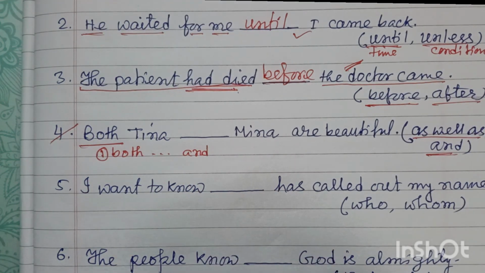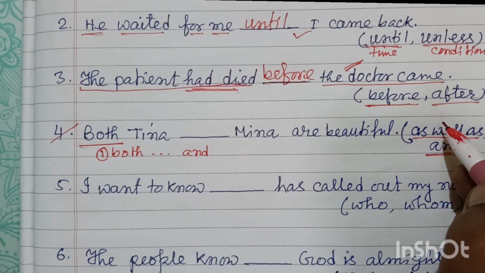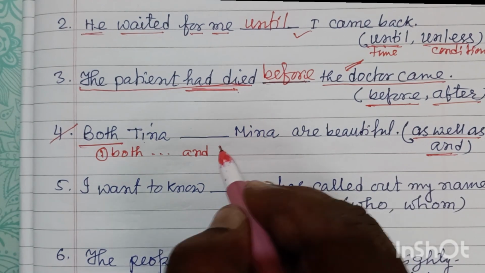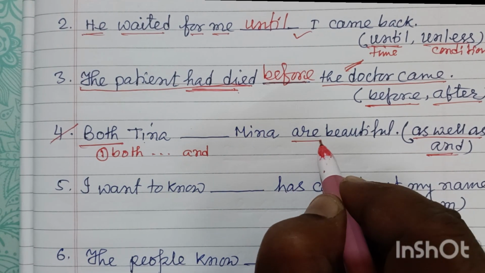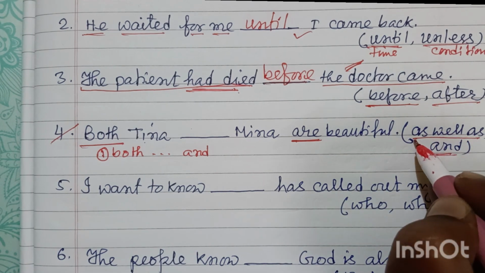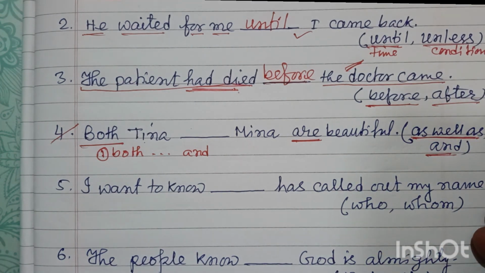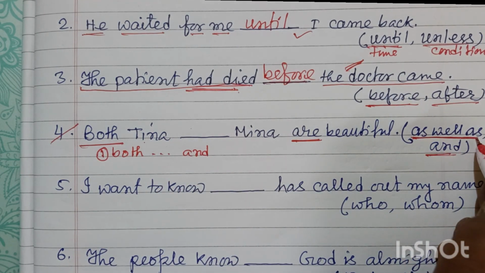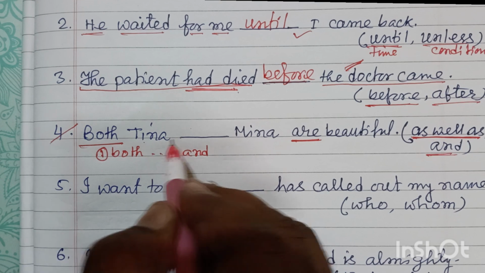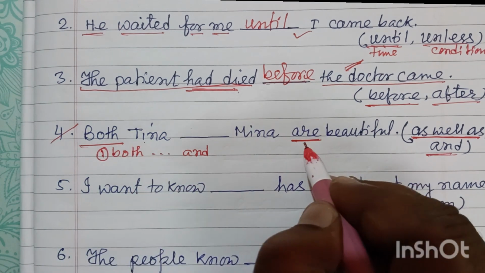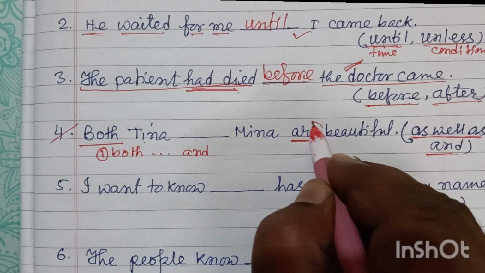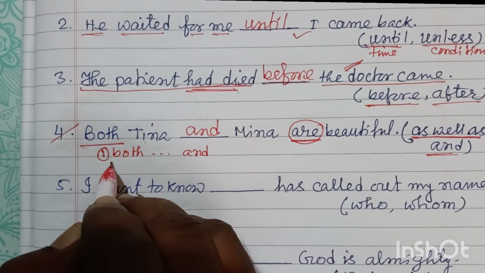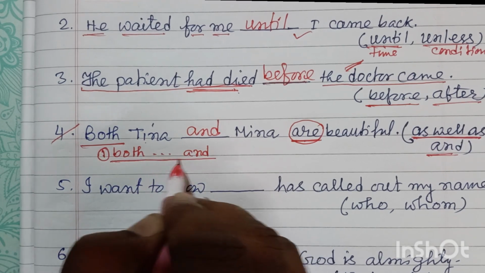And the second one: if any word is joined with a noun, suppose "Tina as well as Meena," if it would be the sentence, at that time we would have to write "is," because after "as well as," whatever we write is not important. That is part of the subject, not the actual subject. The actual subject would be Tina, so it would be "is," but here you can see it is "are." That means we have to write "and." The first clue I just told you: this is the combination "both...and."